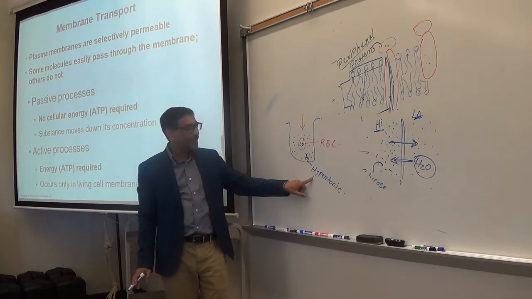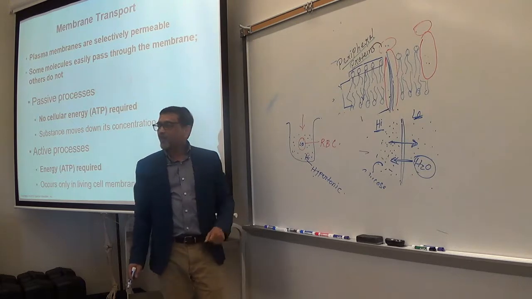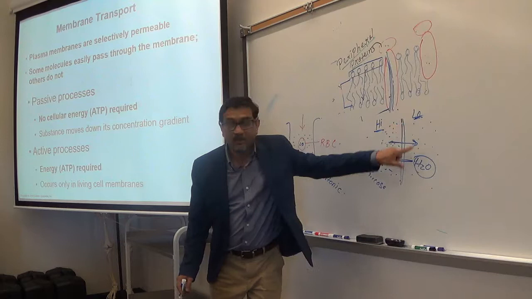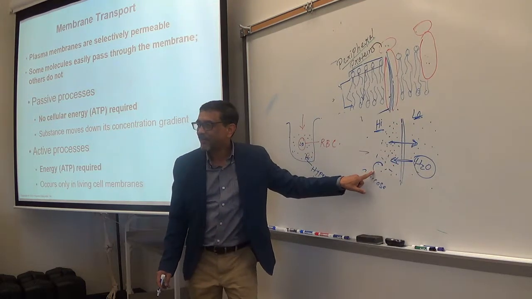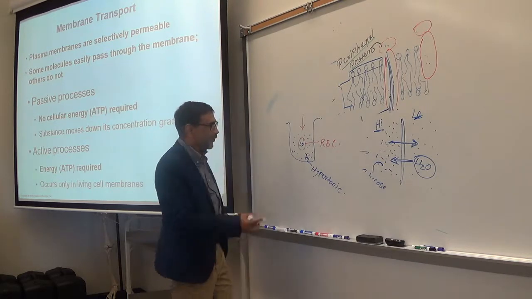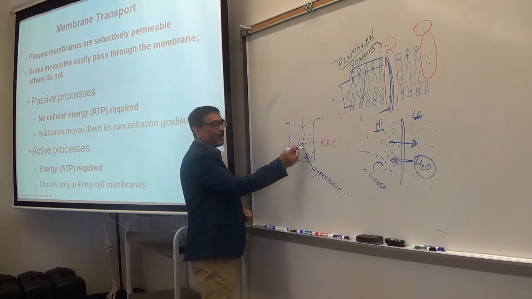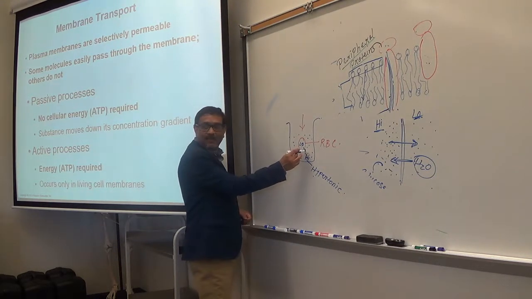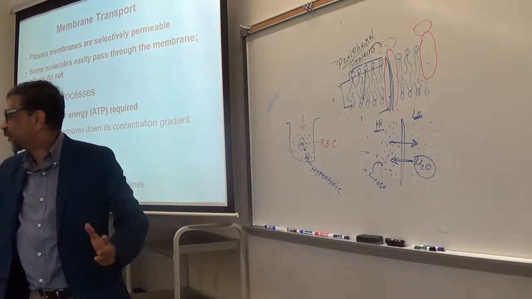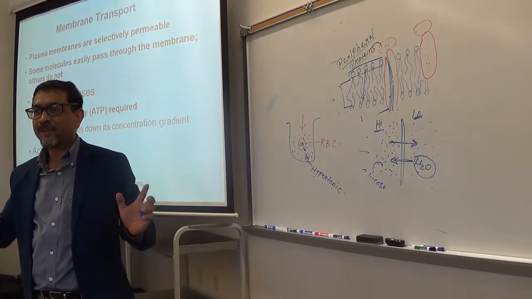Okay? Now you tell me, water will move which way? Water will always move from low to high. Osmosis, right? Remember that? To bring equilibrium. So in this case, water will move from low to high. That means from inside the cell to the solution, to the outside. Is it clear, everybody?